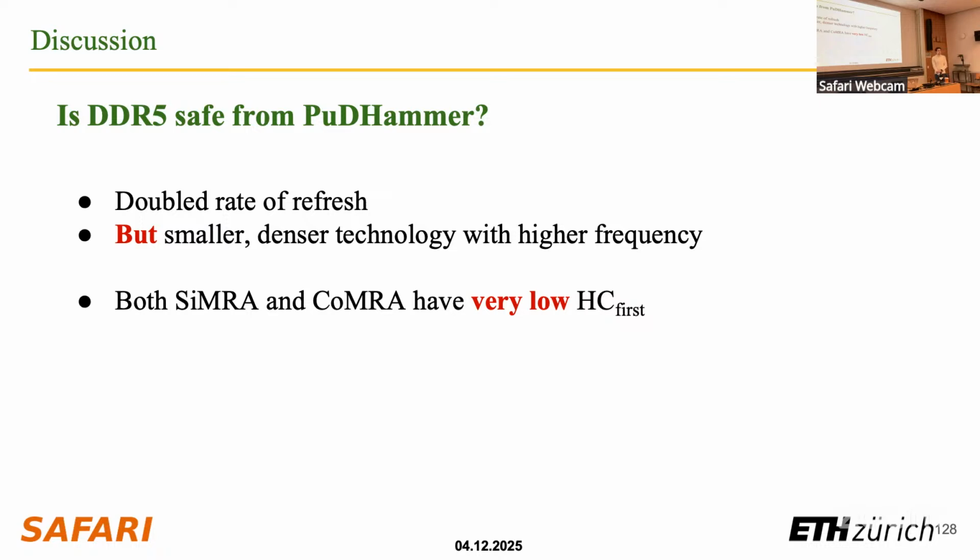In RowHammer or RowPress, you activate one row, you close it, you activate another. So there is no time at which both of them are activated at the same time. But here we activate them at the same time. So fundamentally something is different, and unfortunately we couldn't find a way to understand this because it's a black box.